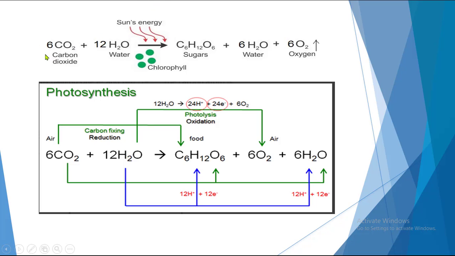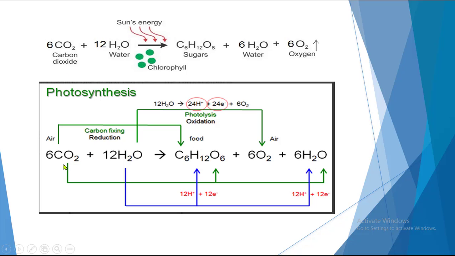You all know that this is a balanced chemical equation, where six carbon dioxide molecules combine with 12 water molecules to form one glucose molecule, and water and oxygen molecules are released as byproducts. Sunlight is necessary for the process of photosynthesis, and chlorophyll molecules are equally important.